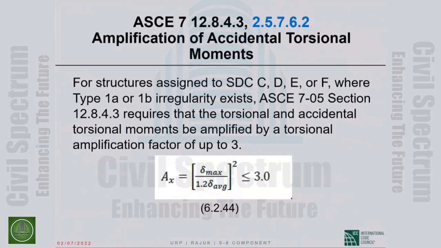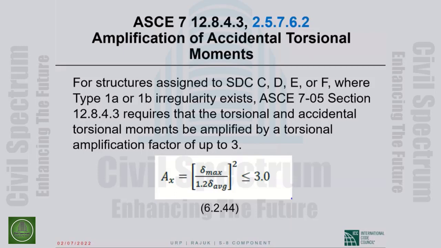For structures assigned to design categories C, D, E, F, where type 1A or 1B irregularity exists, that's torsional and extreme torsional, ASCE 7-05 section such and such requires that the torsional and accidental torsional moments be amplified by a torsional amplification factor that can be up to 3.